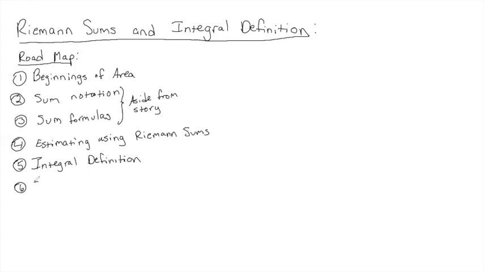And finally, we're going to do a couple of examples. I think there's only two. There might be three, but they're sort of long examples. So it'll certainly take up a good amount of time. And I'll try to put timestamps for each of these sections in the description of the video, so you can sort of skip around and get what you need to get out of these things.